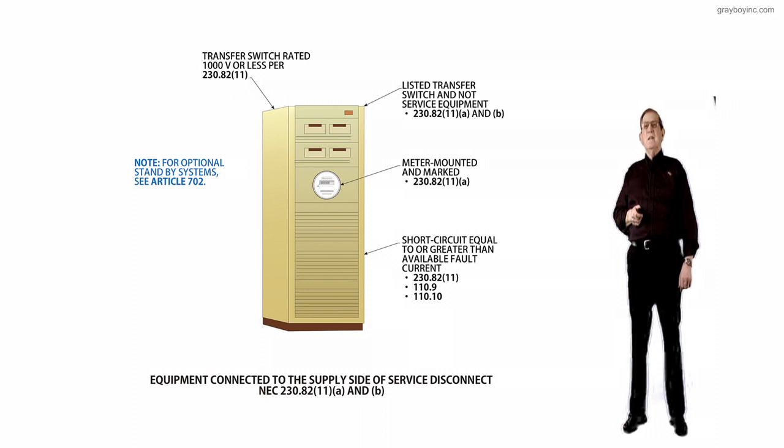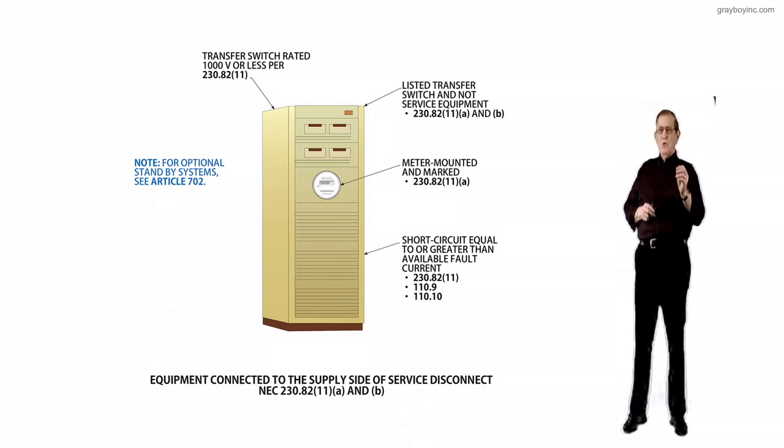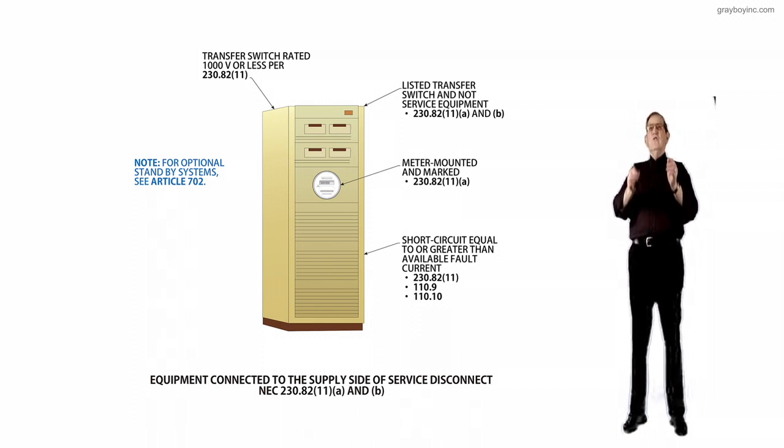Now, I would like to throw in this little reminder that for optional standby systems, in the note, you see Article 702. And remember, if you look at 702.2, it lists the types of loads that can be connected to an optional standby system.